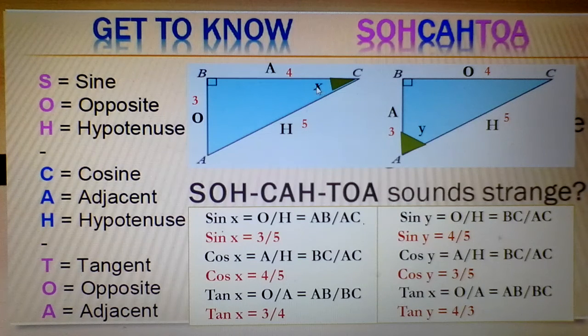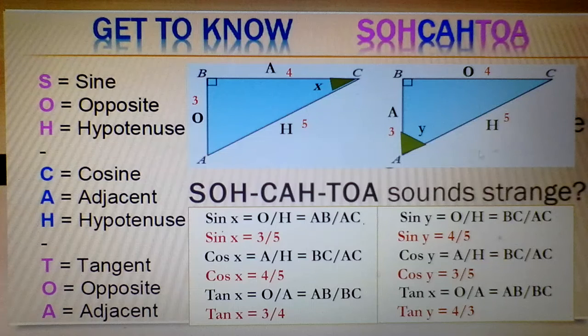For tangent x, toa, so opposite divided by adjacent. Opposite is AB, adjacent is BC. Then we get tangent x equals 3 over 4. Meaning from here we can get the values for sine, cos and tangent. This we call the trigonometric ratios for sine, cos and tangent.